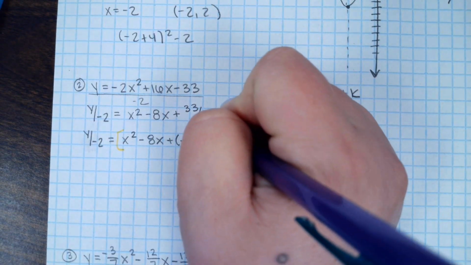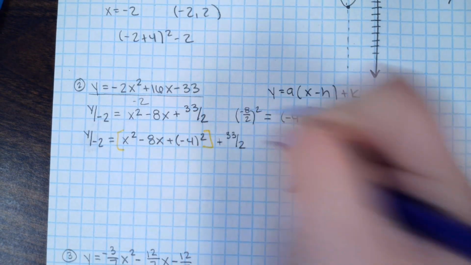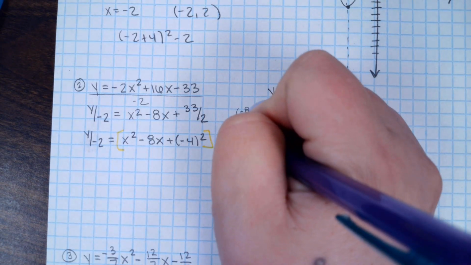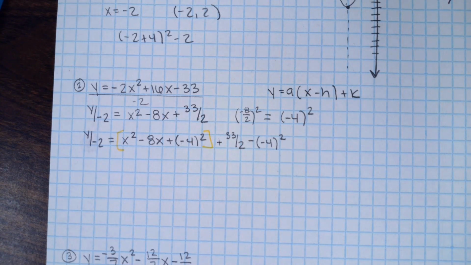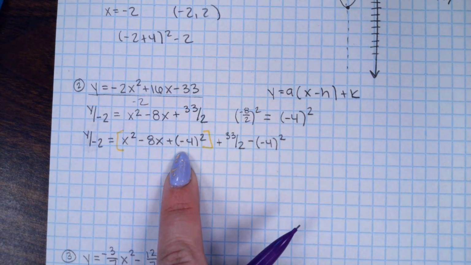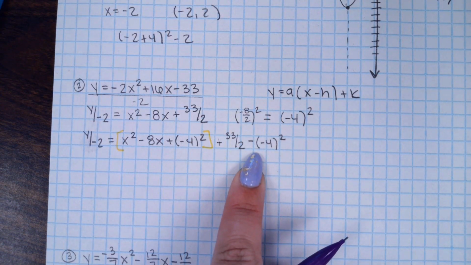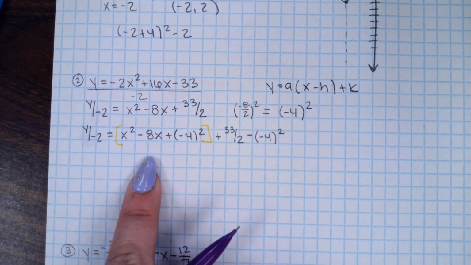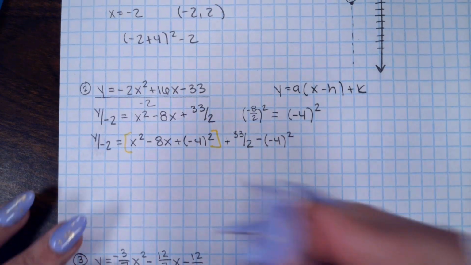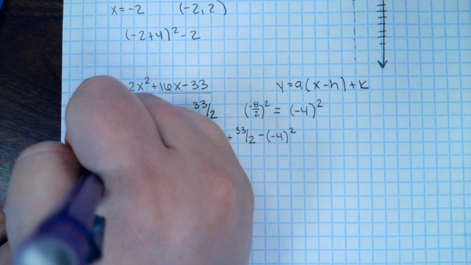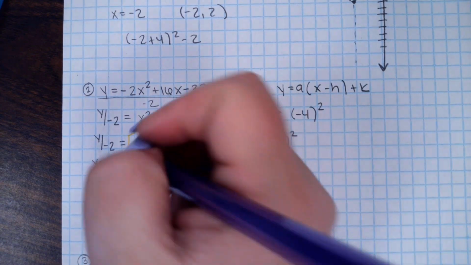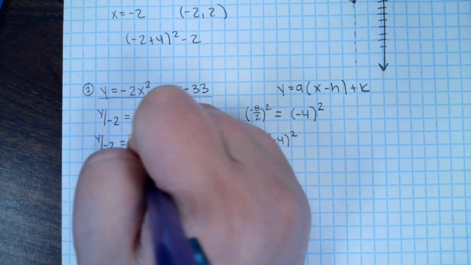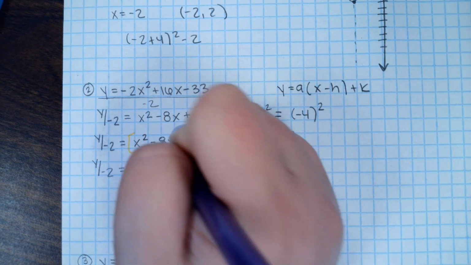And then we have plus 33 halves minus negative 4 squared. So we added our constant here, and we subtracted our constant here. So we're at a net 0. We didn't change our equation at all. All right, next step, the y over negative 2 is just along for the ride till the very end. This is a perfect square trinomial, so it factors into x minus 4 squared.